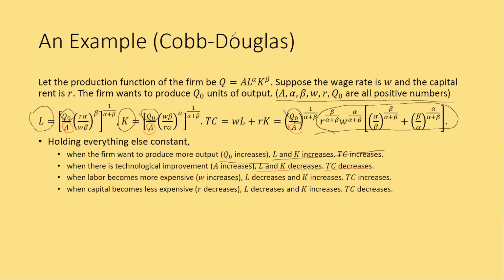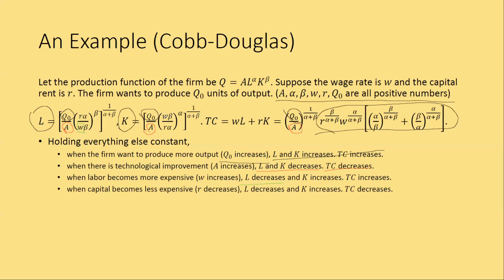Now, what happens when labor becomes more expensive? That is when the wage rate increases. The wage rate W enters our equation in the denominator. So when W becomes larger, what's in the parentheses becomes smaller, what's in the bracket becomes smaller. So overall, our L decreases.